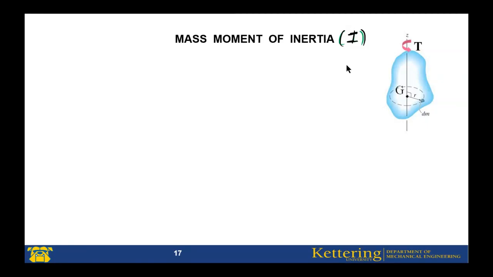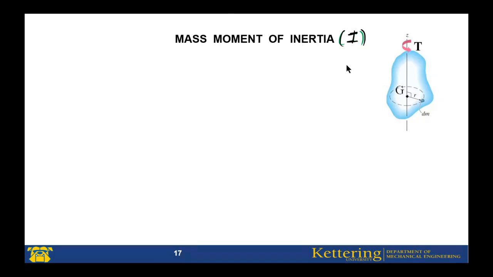For example, consider a rigid body that looks like this. We apply a torque. For example, this is the rigid body I have. I apply a torque to rotate this one. T is the torque applied to this. Then, if I apply a torque to a tire, the tire torque of T, the tire can be rotated with the angular acceleration of alpha.